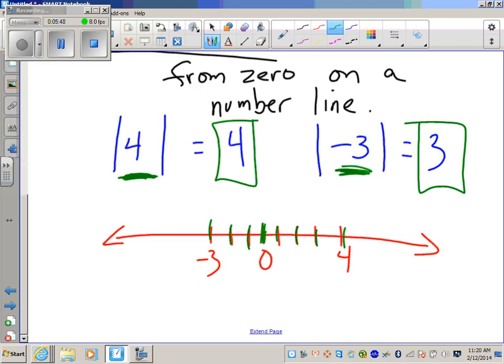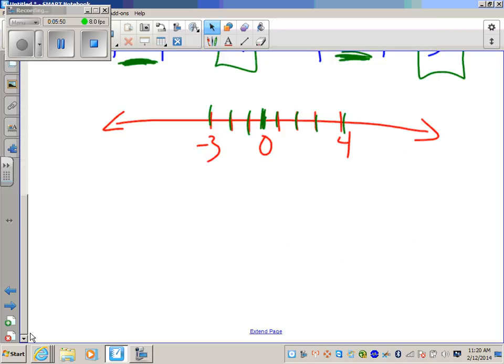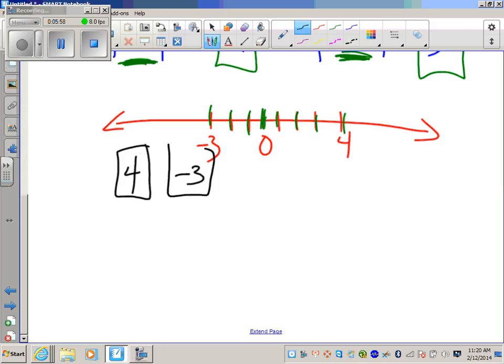Now, let's put that into practice. What were the two integers? If I were to say I had a 4 and I had a negative 3, okay, let me show you something. I want to add these together. There's two different ways I can do it.